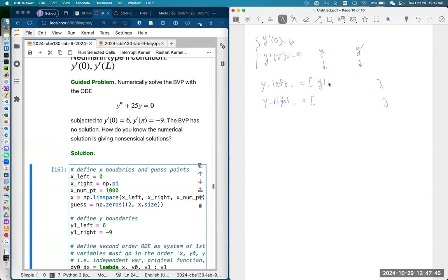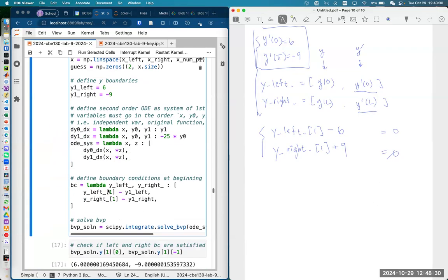So we have y of 0, y prime of 0, and then y of L, y prime of L. And to rewrite this in Python using this convention, y prime of 0 is y left of index 1 minus 6 is equal to 0. And here y prime of pi, which is y prime of L, so we have y right of index 1 plus 9 is equal to 0.